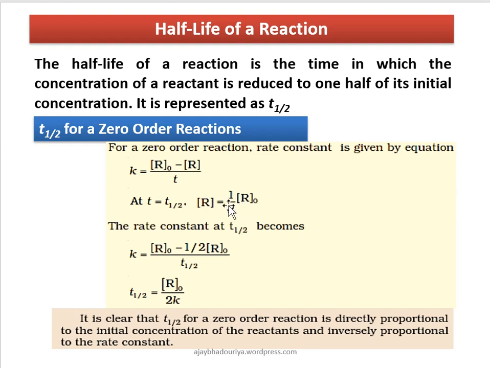So putting the value of R in this equation, K is equal to R0 minus R0 upon 2, so T half is equal to R0 upon 2K.